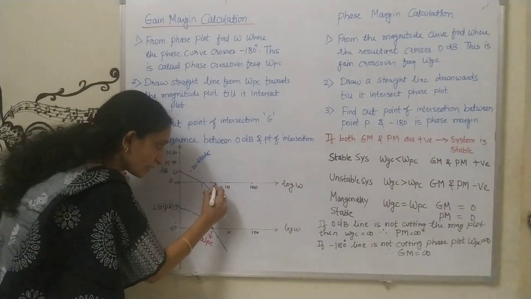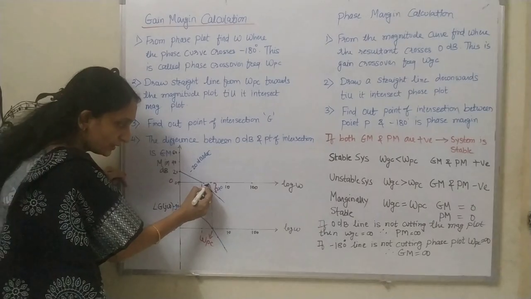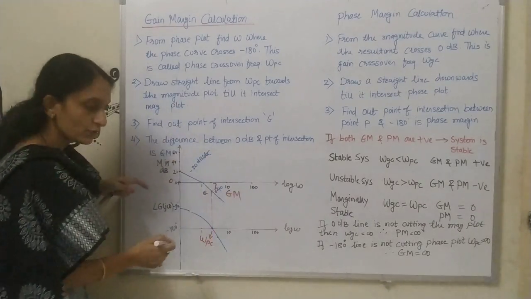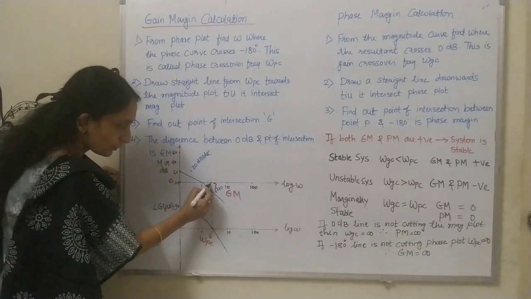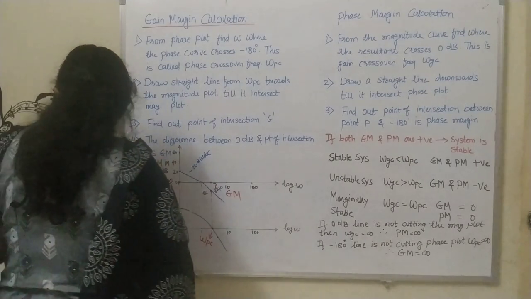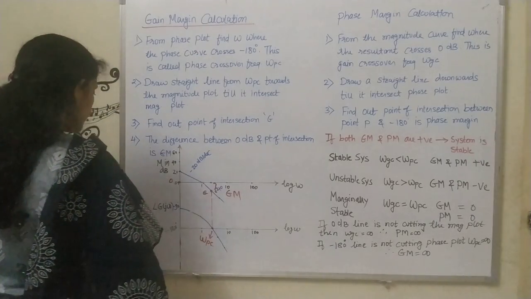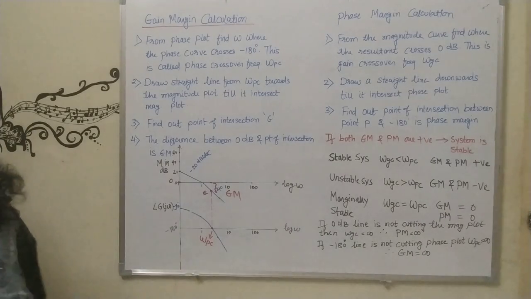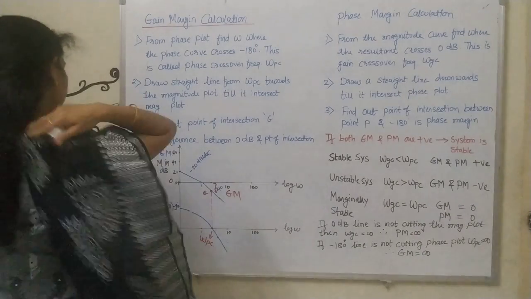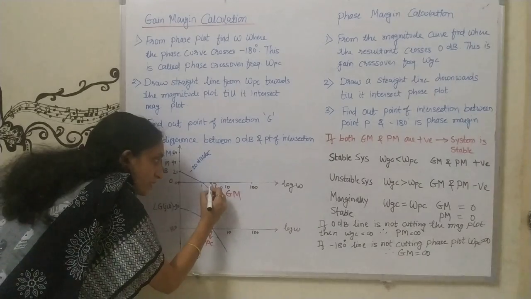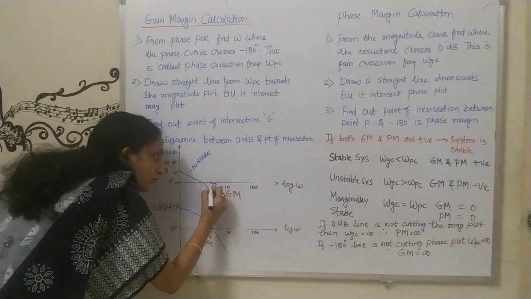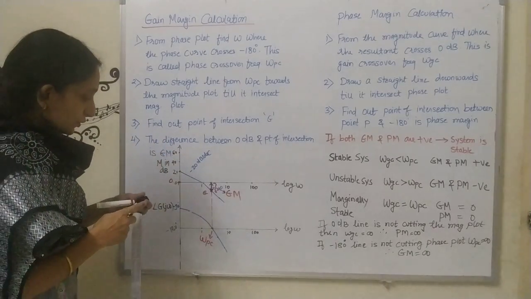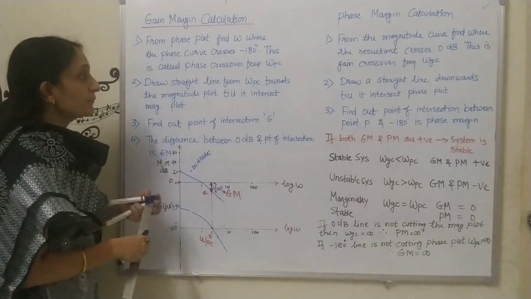This difference between the 0 dB line and this point of intersection is called the gain margin. I hope you are getting it. This is the difference between this point and this point. I will show it with another color. See here, this is the difference and this is my gain margin. So you can see we have calculated the gain margin like this.